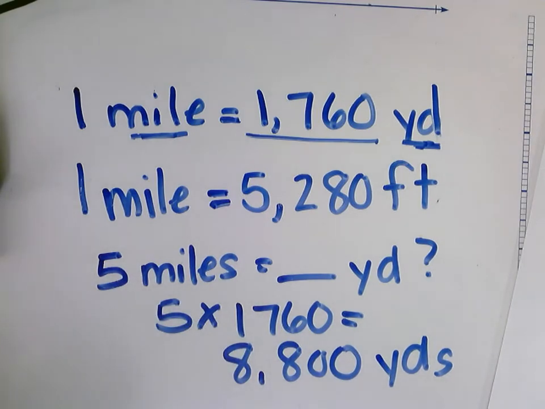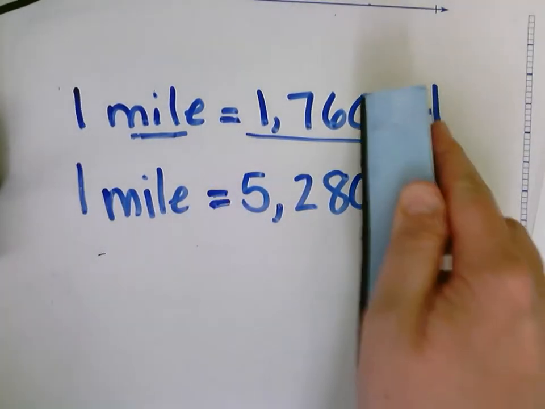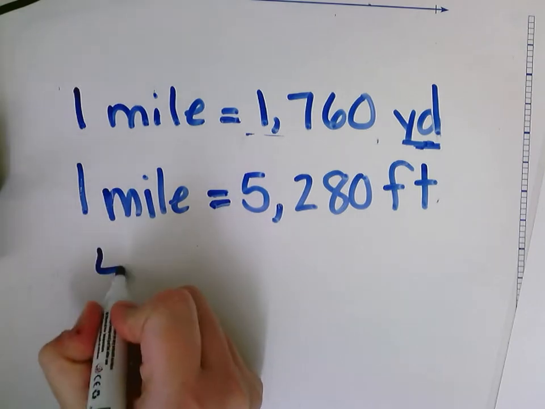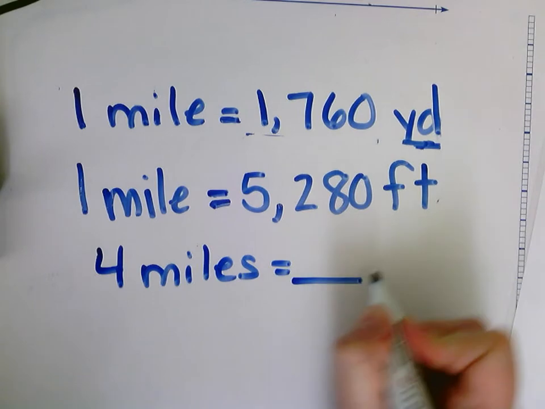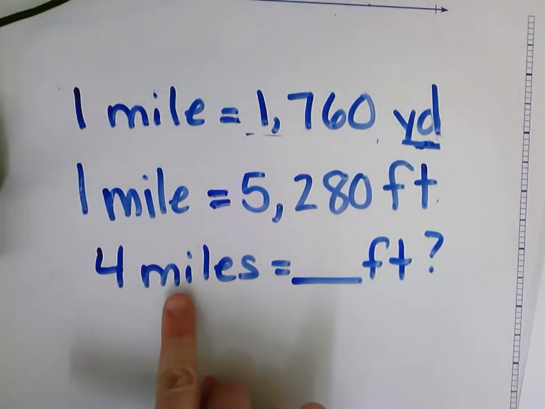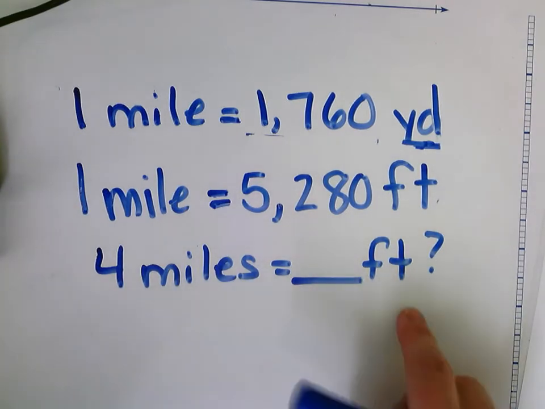What if I needed to figure out feet? I'm going to use the same process. So if I said 4 miles is equal to how many feet? Let's see. I'm moving from miles to feet. Miles are larger than feet.